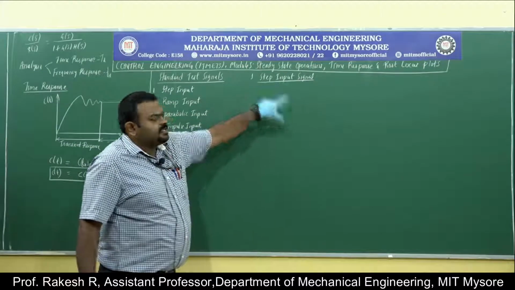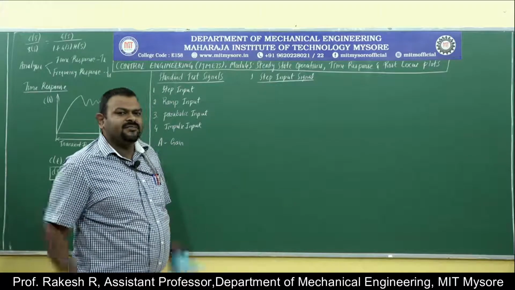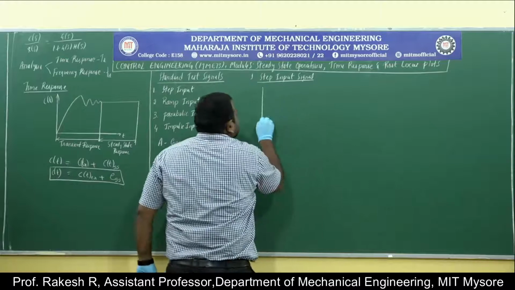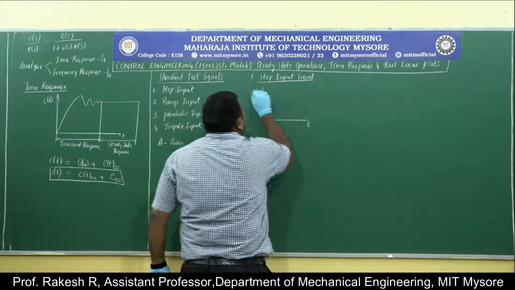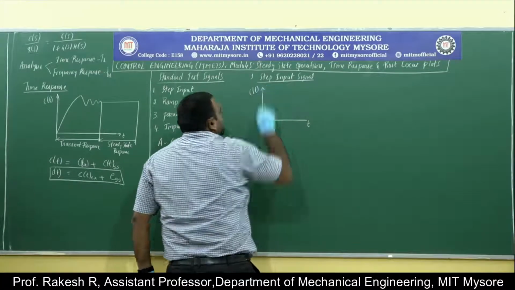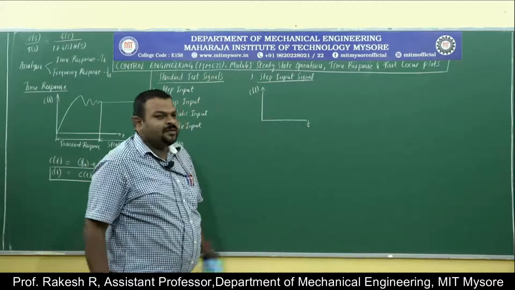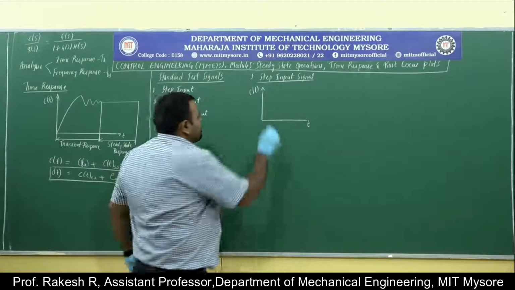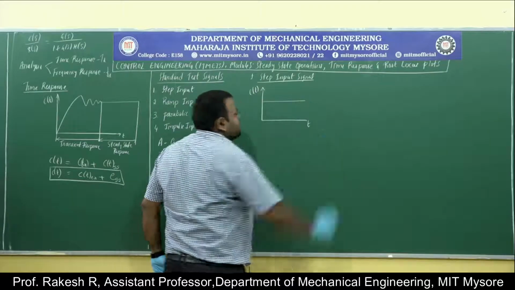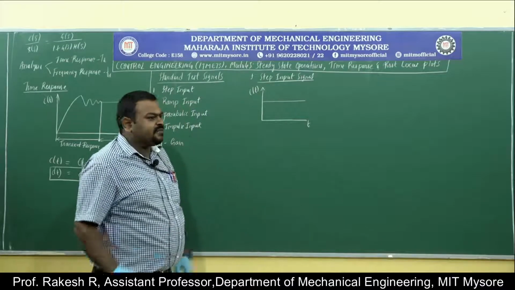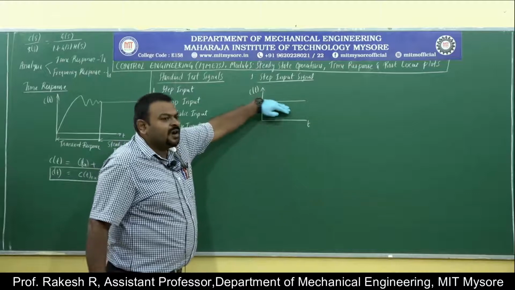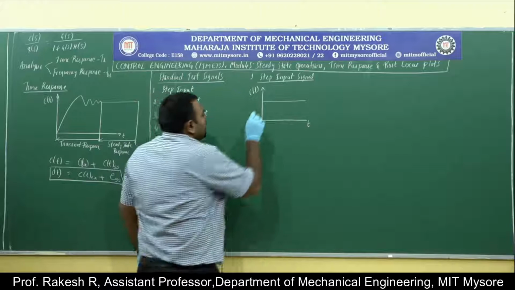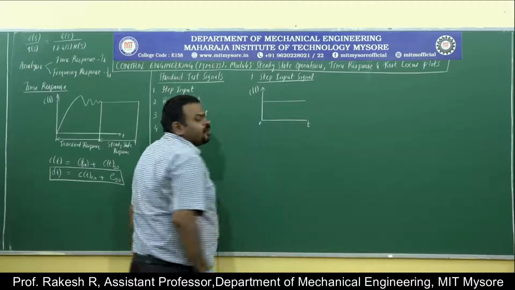Let us consider the step input signal. As the name itself indicates, it is a step. That means the signal is changing from a lower intensity level to a higher intensity level. It is stepping up. So this is time 0.